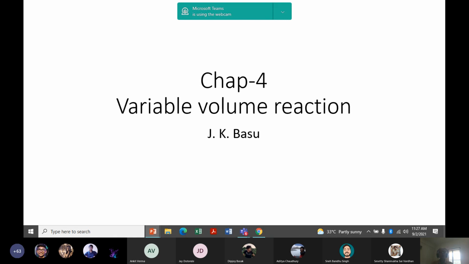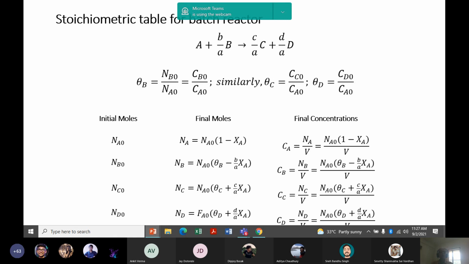The theory behind this is very important because it is applicable to gas phase reactions as well as liquid phase reactions. And for writing a computer program for this, we need to take the help of the stoichiometric table first.